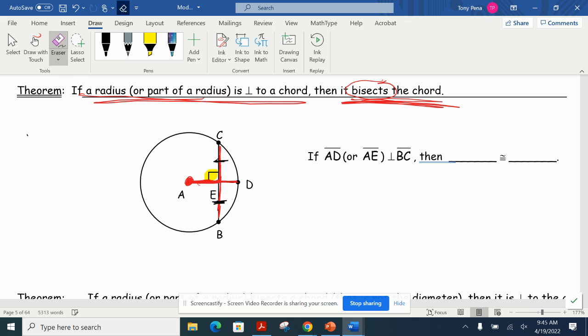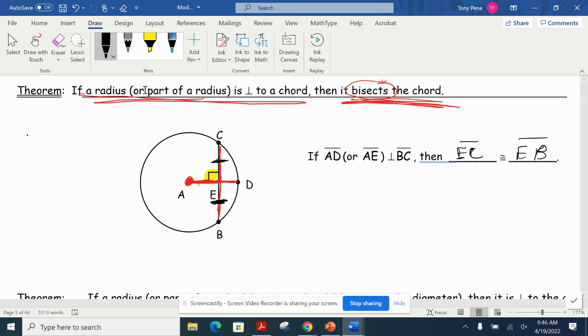So what's congruent is the segment drawn from E to C. So we're going to write EC with the little segment symbol above it. That's where this first tick mark is at, and that would be congruent to the segment that I have marked right here, which would be the segment drawn from E to B. All right, so that's our first one. If our radius and chord are perpendicular to each other, the chord is getting cut in half.